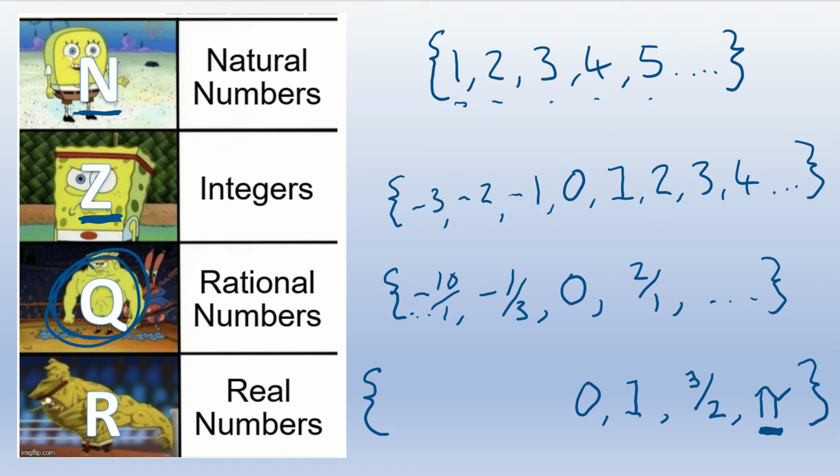So E, pi, and also your negatives, negative E and negative pi, are also real numbers as well. So the only difference between your real numbers and your rational numbers are these guys.